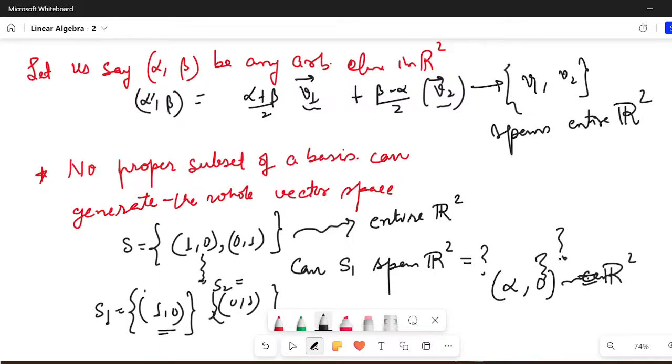Is that clear? Please let me know if this is clear. I hope it is clear.